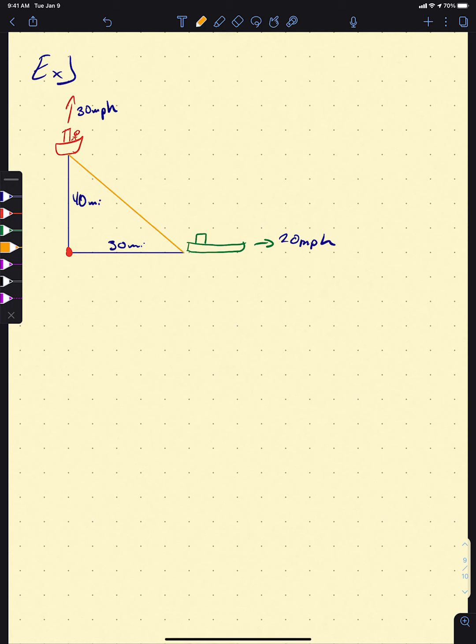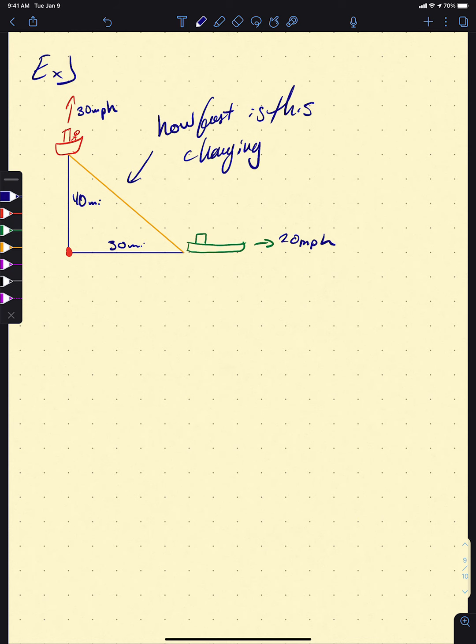And we can ask the question: how fast is this changing, the length of this line? And this is a related rates problem.